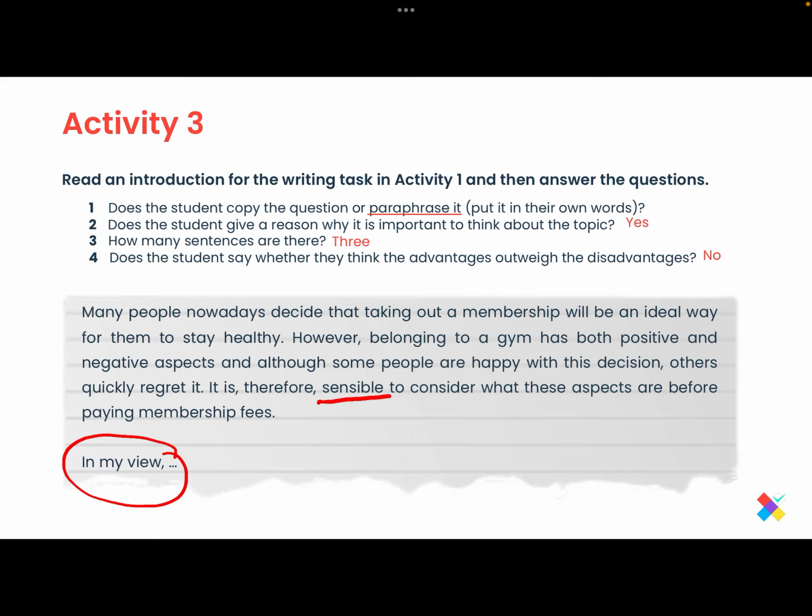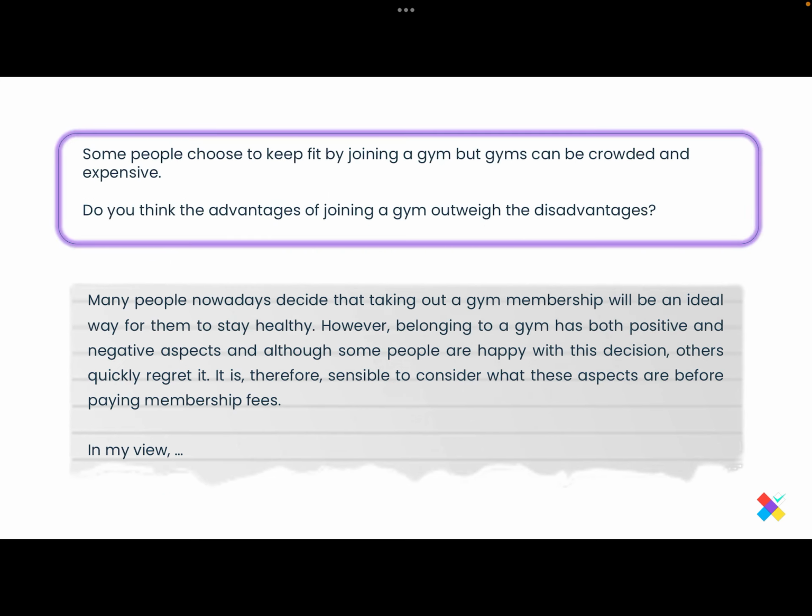All right, and I would like to focus a little bit more on the first question, the paraphrase. What does paraphrasing mean? It means using different words, synonyms, to say the same thing, but with a different structure. Now, sometimes it's quite impossible to paraphrase some basic words. In this kind of situation, gym. Gym is gym. You cannot simply paraphrase gym.